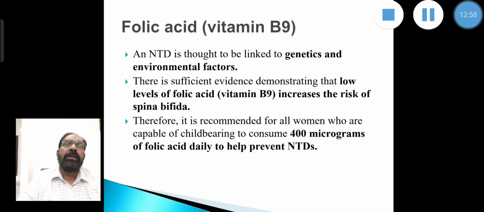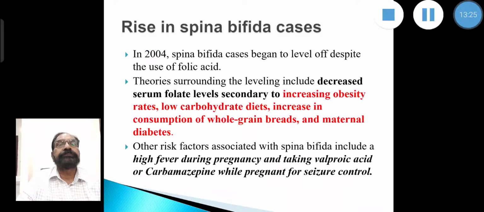Folic acid, also called vitamin B9. Neural tube defects are thought to be linked to genetics and environmental factors. There is sufficient evidence demonstrating that low levels of folic acid increase the risk of spina bifida. Therefore, it is recommended for all women who are capable of childbearing to consume 400 micrograms of folic acid daily to help prevent neural tube defects.